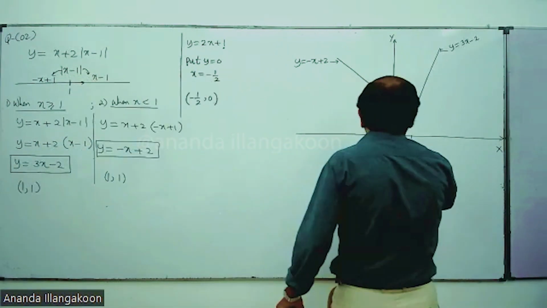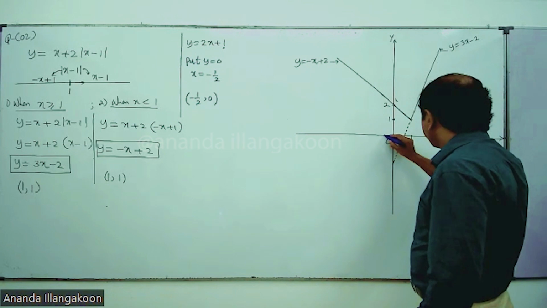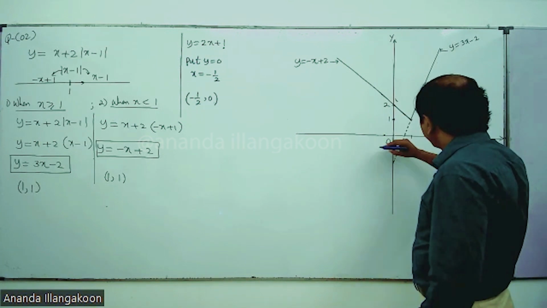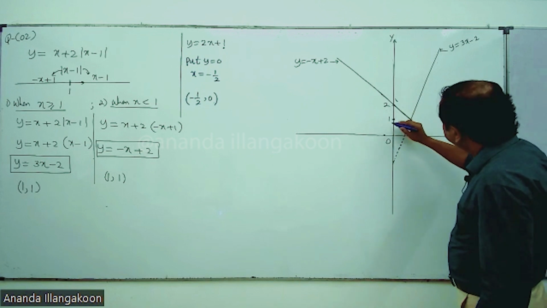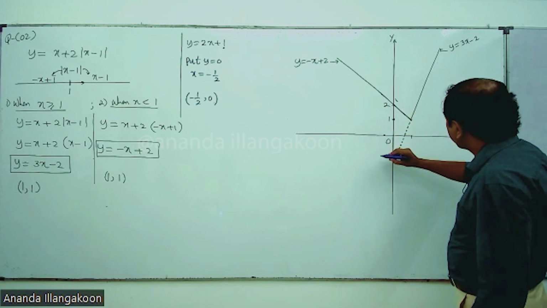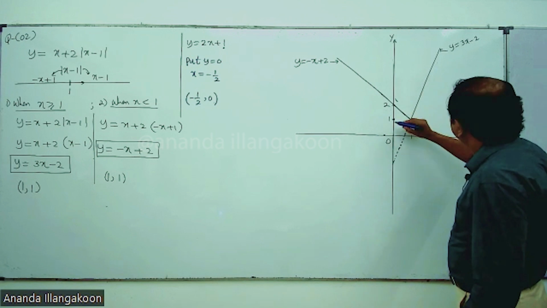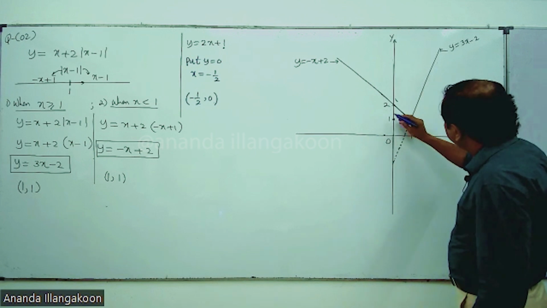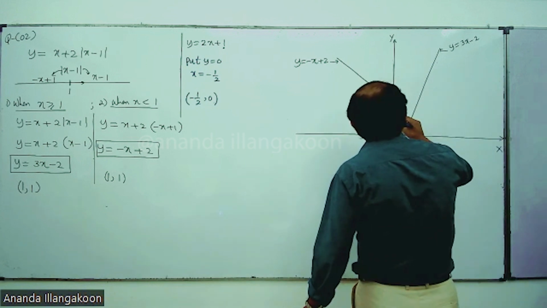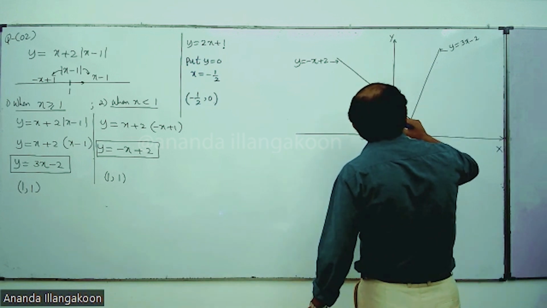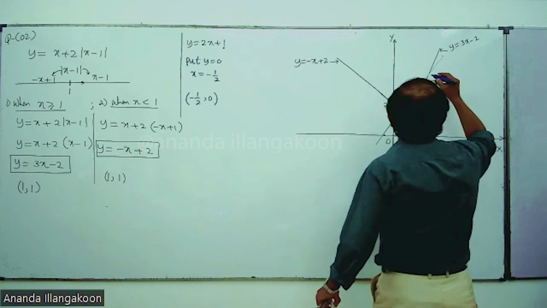Minus half is here somewhere. Then you have to join these 2 points and produce both ends. You see it cuts.